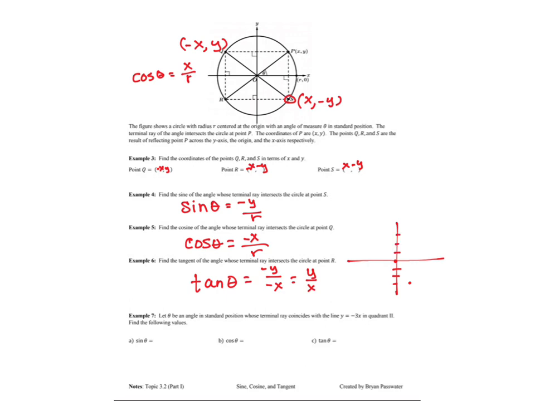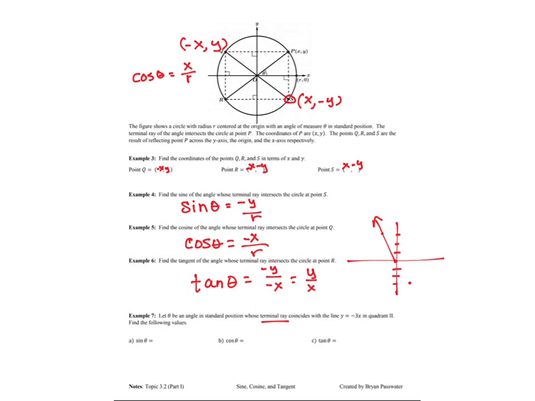Up 3, left 1. Good. And I'm only interested in the part of this line in quadrant 2, the ray whose terminal ray coincides with the line there. Everybody okay with that? Okay. Find the following values.